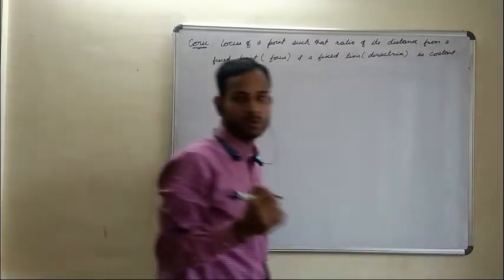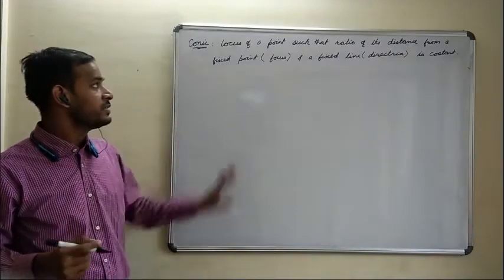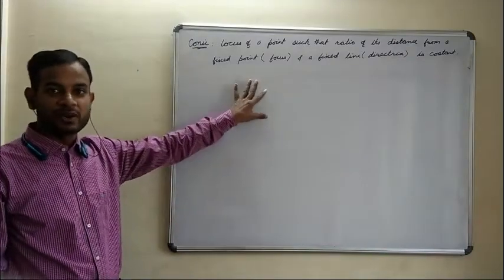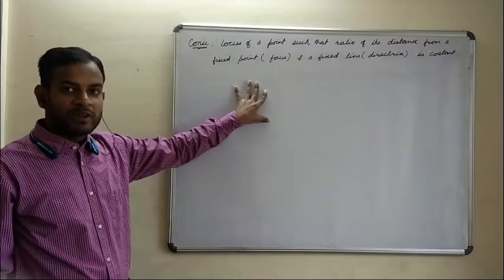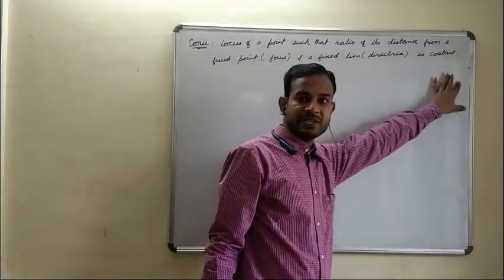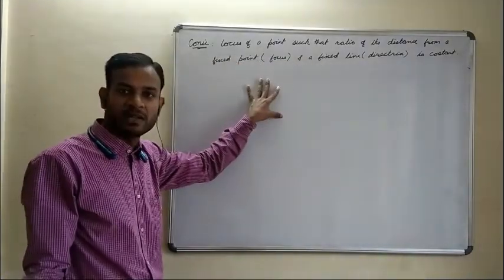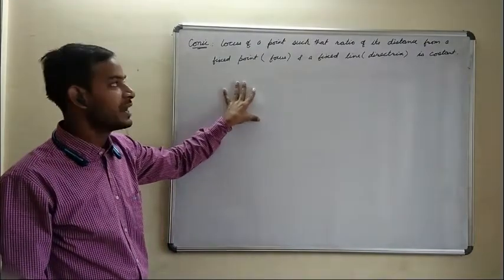Okay, and this constant is called eccentricity. This is the definition of conic. So under conic, depending upon this constant, we would have circle, parabola, ellipse and hyperbola.